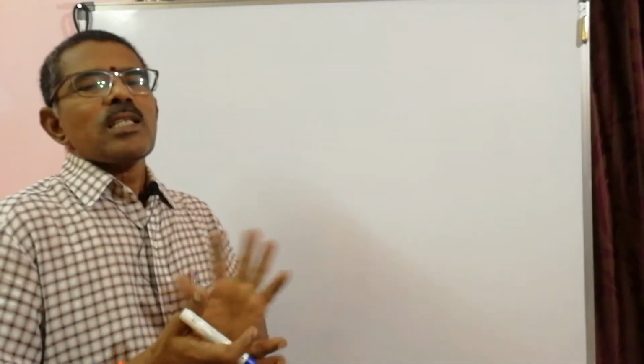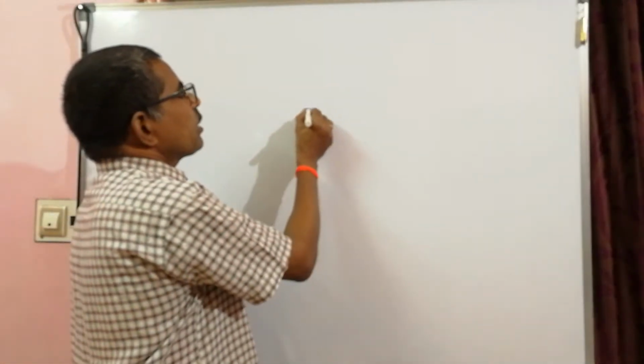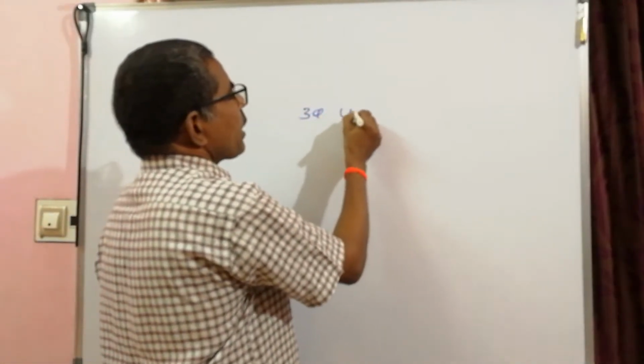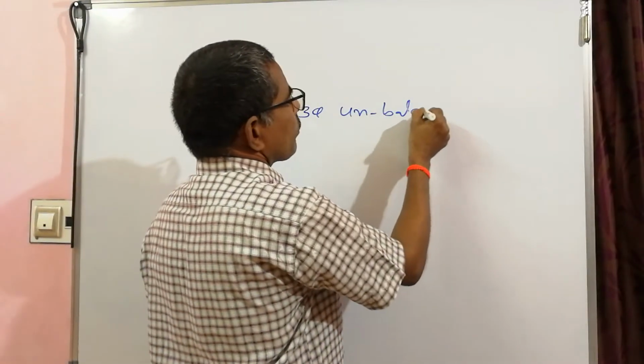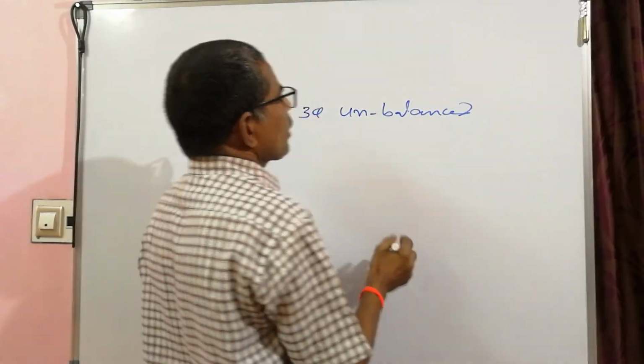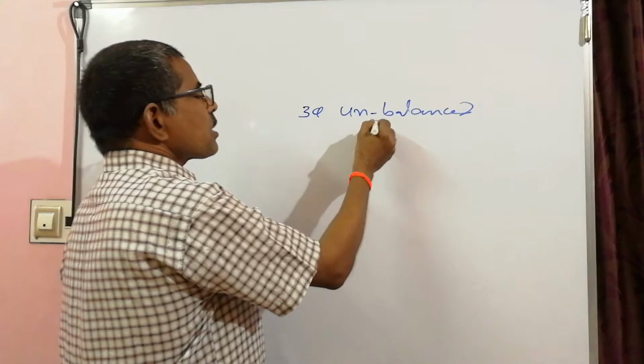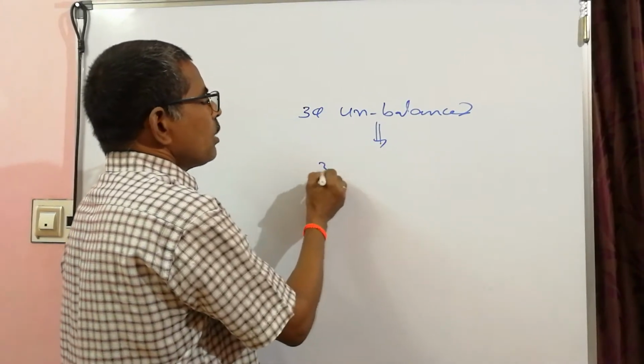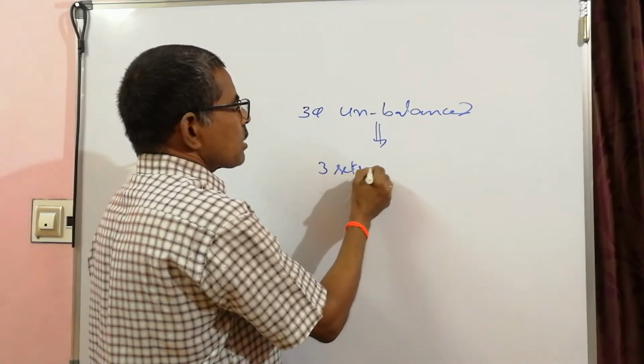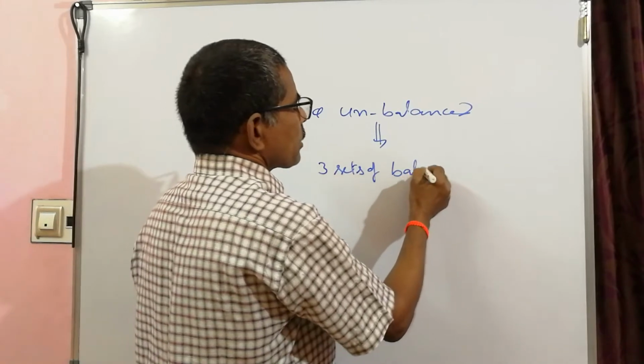Any unbalanced set of phasors can be resolved into phasor sets of balanced nature. That means, suppose you consider a 3-phase unbalanced system, then this 3-phase unbalanced system can be resolved into 3 sets of balanced phasors.